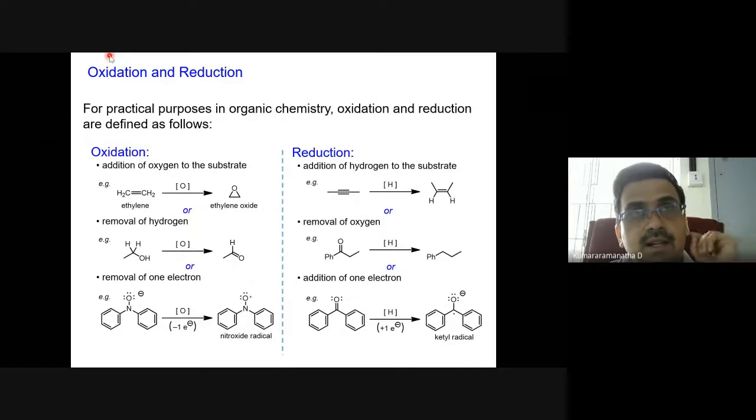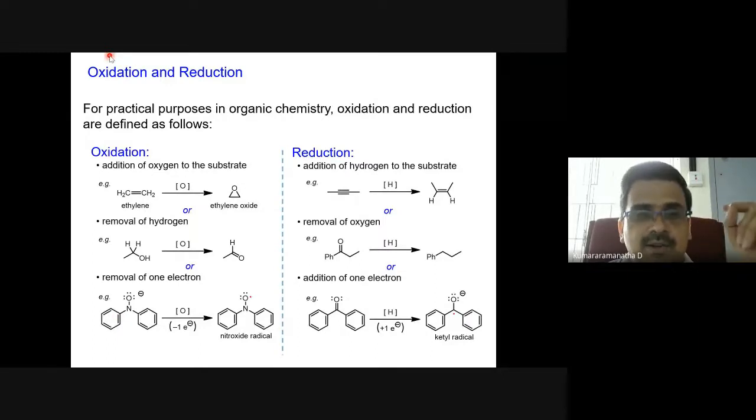let us understand more deeply what is oxidation. For various organic chemistry reactions, oxidation can be, for example, adding oxygen to the substrate like this. Ethylene oxide you can get. Removing hydrogen is also oxidation, and removing one electron. Loss of electrons is also called oxidation.